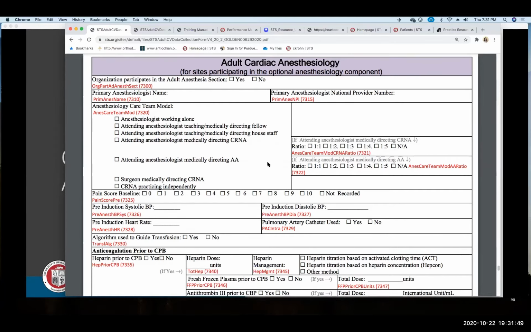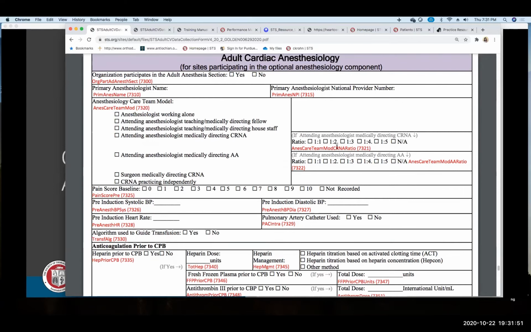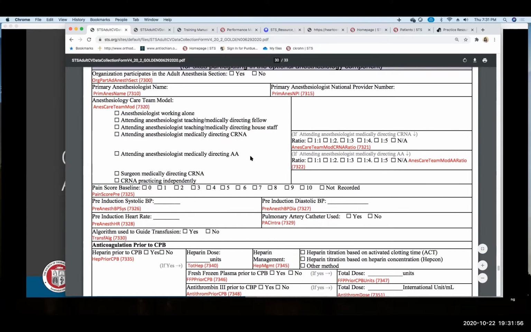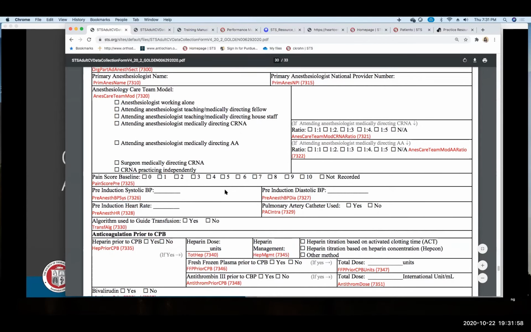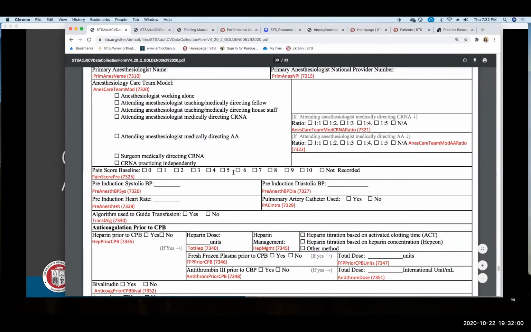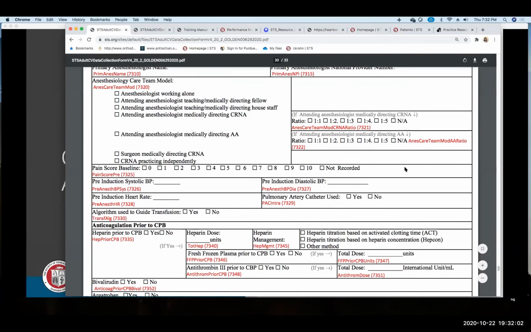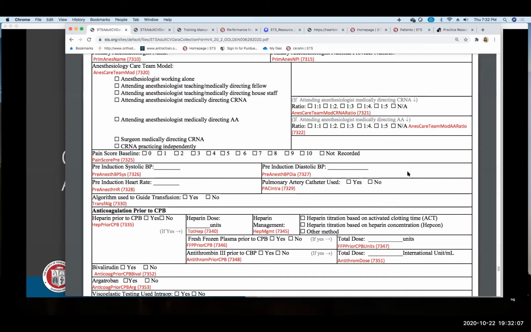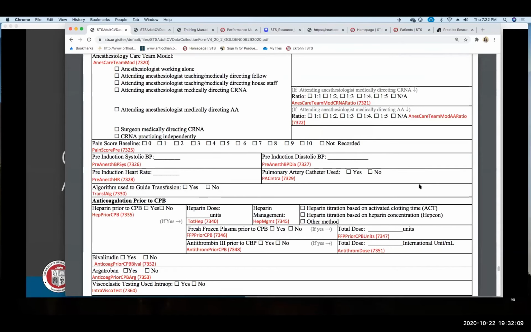We capture the care team model and your ratio if you're doing an attending anesthesiologist to a CRNA or an AA. We capture pain scores at baseline, post-operative, and prior to discharge. Then we do your induction blood pressure, induction heart rate, and whether a pulmonary catheter was used or not.